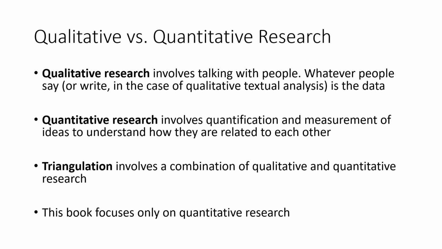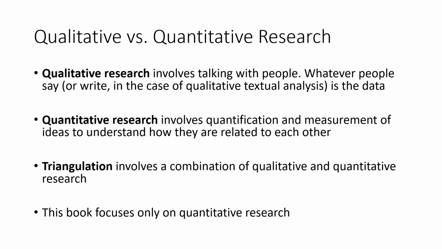Quantitative researchers collect quantitative data, that is to say, numeric data, data in the form of numbers, and then they apply various mathematical processes to look for patterns in those numbers. So again, this is a bit of a simplification, but quantitative researchers use numbers and qualitative researchers use words.